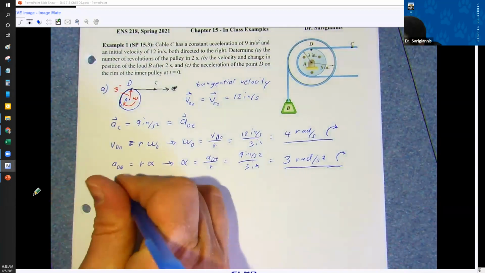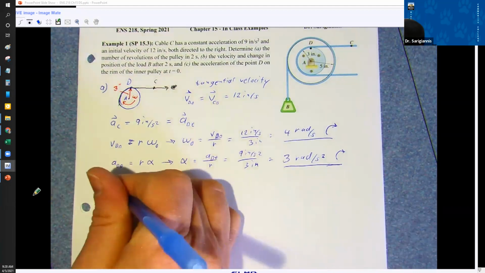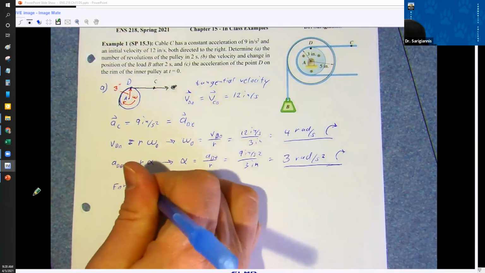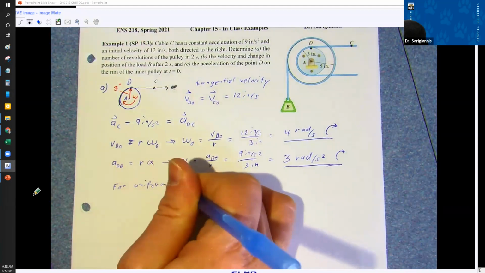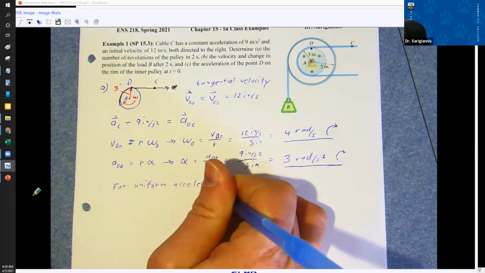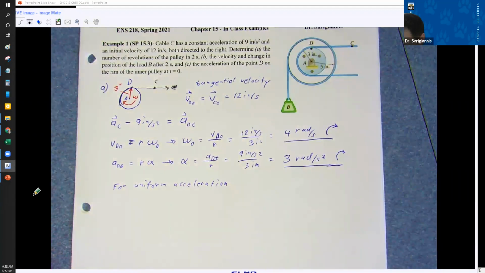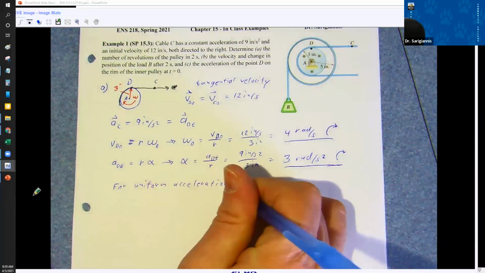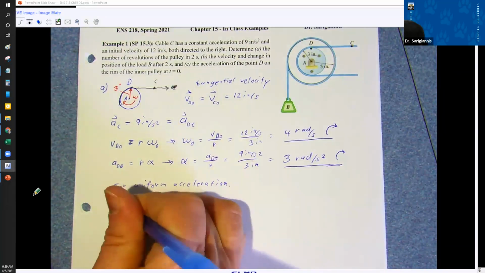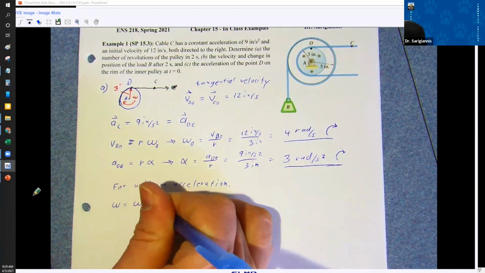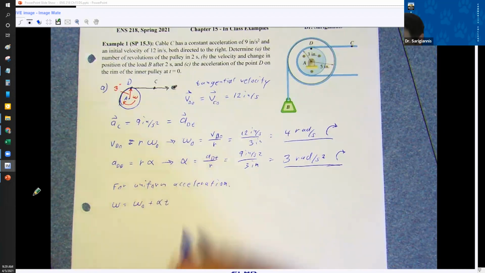Now we have the equations for uniform acceleration. I'll just start with the first equation: omega equals omega naught plus alpha t, right?